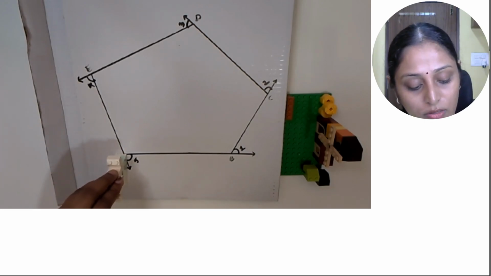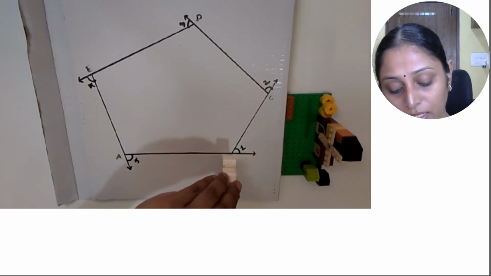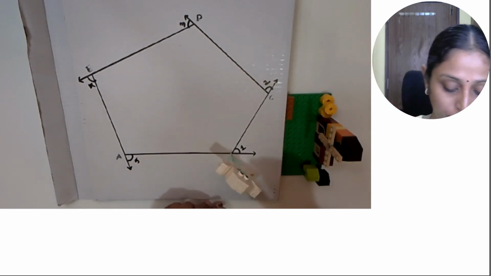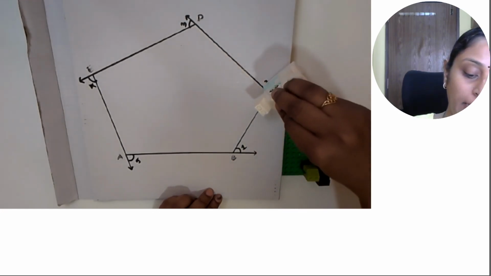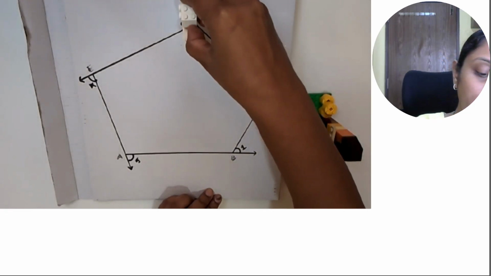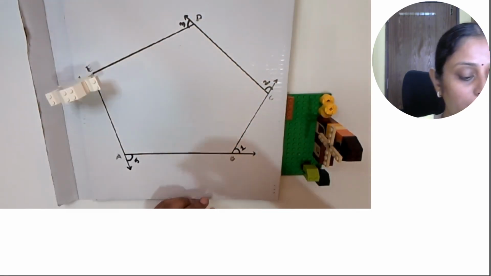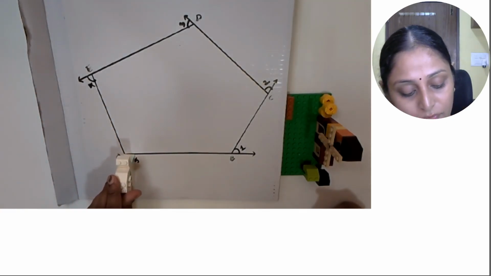He walks along AB. Once he reaches B, he is going to turn by an angle 1, and walk along BC and then turn by angle 2. Then walk along CD and turn by angle 3. Walk along DE, turn by angle 4, and walk along EA and then turn by angle 5.